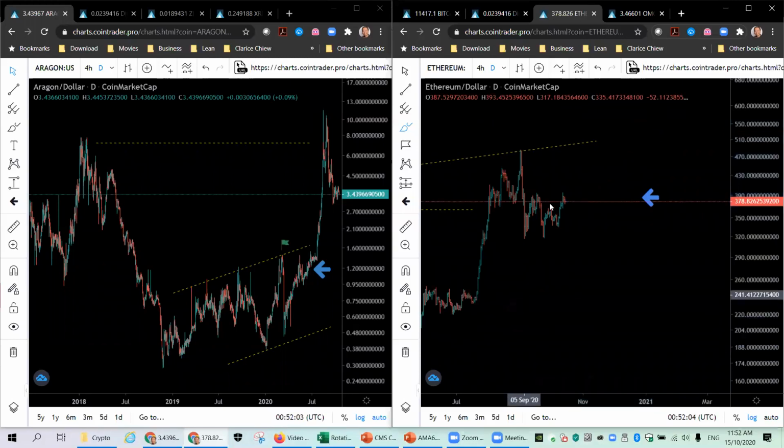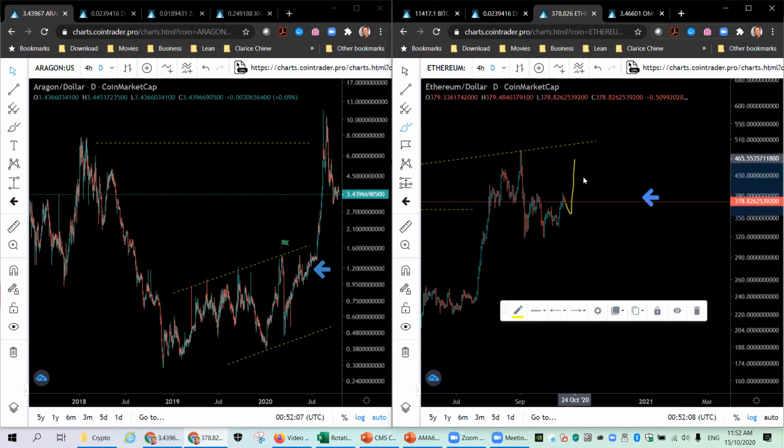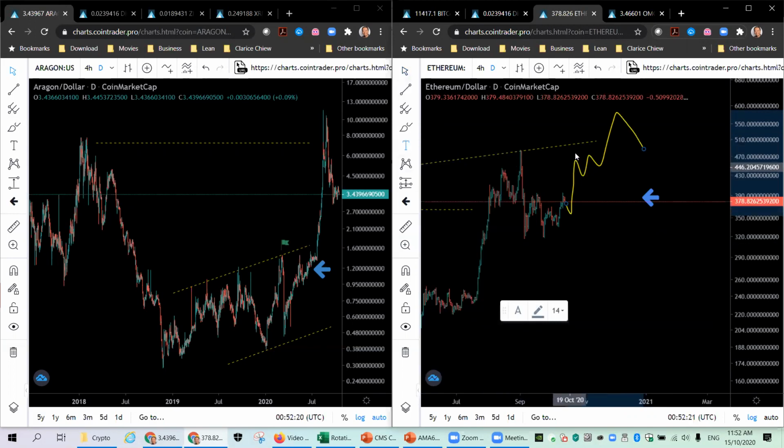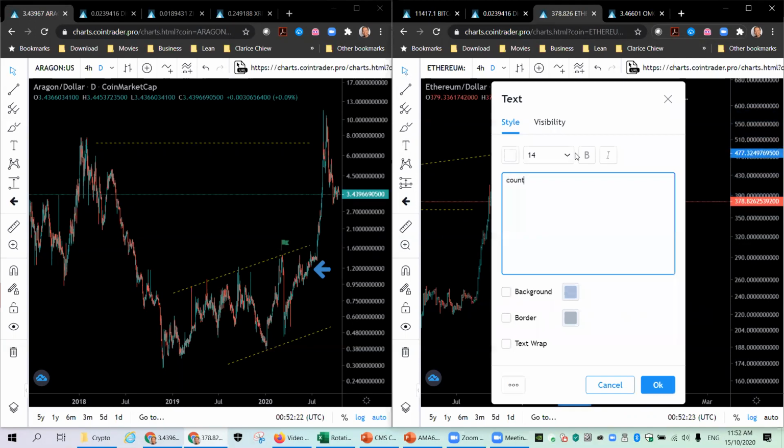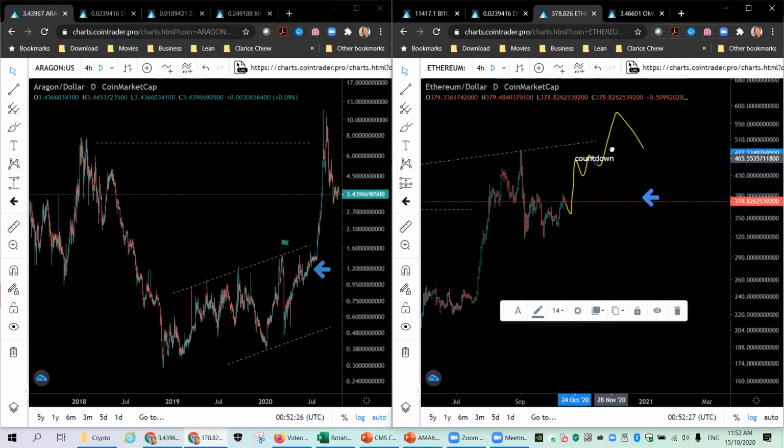So let's do this again. Go down, go back up, do its countdown, push up. I think there should be one more coming back down before it actually explodes up. So that's the typical pattern, right? So we call this countdown before it starts pushing up.